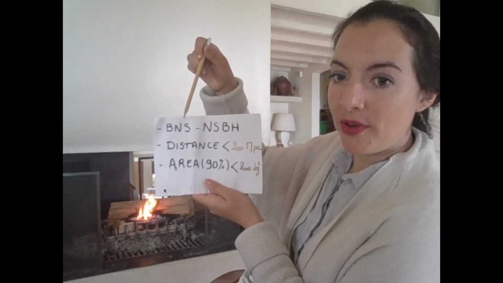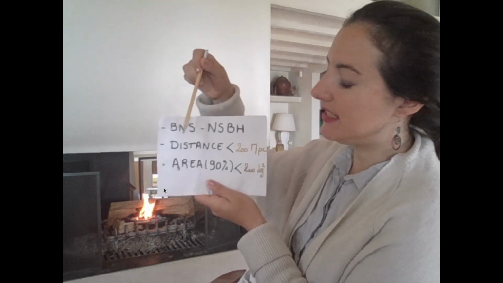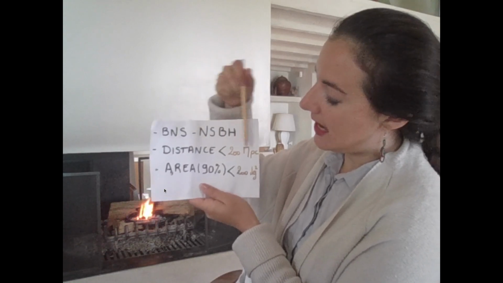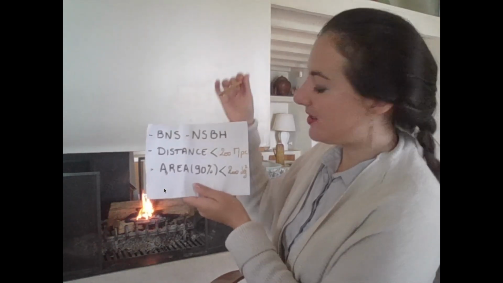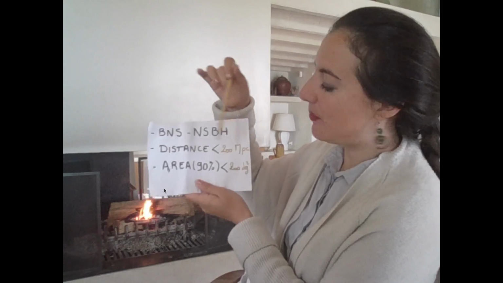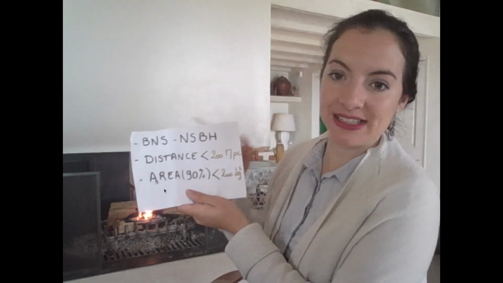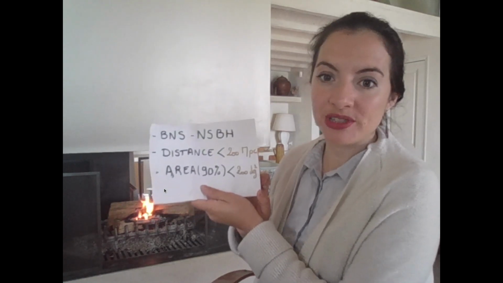It's mostly for the BNS and NSBH cases, mostly for events located quite close to us, less than 200 megaparsec, and when the localization area is less than 200 square degrees. But as a telescope team you can always observe.